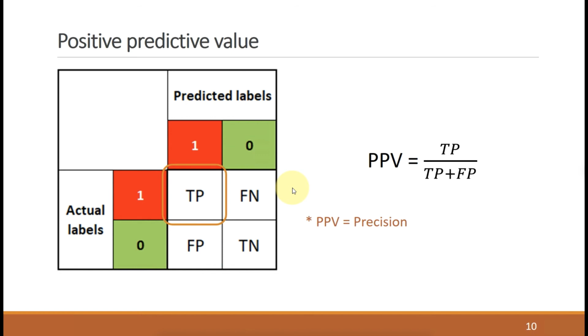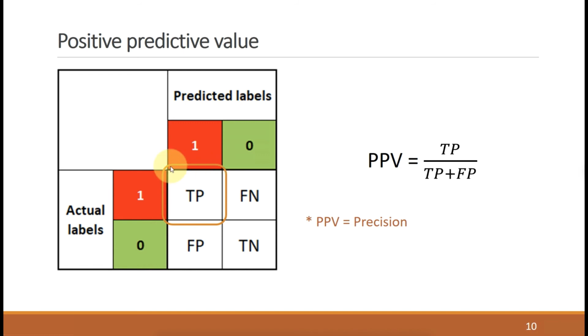Some additional terms that are often mentioned include the positive predictive value, PPV. Be cautious that the positive predictive value, which focuses on prediction as the predictive keyword is in the name, is not referring to the actual labels, but is based on the predicted labels. Here's what I mean. The positive predictive value, first and foremost, focuses on the true positive predictions. So it's the top cell of the diagonal line.